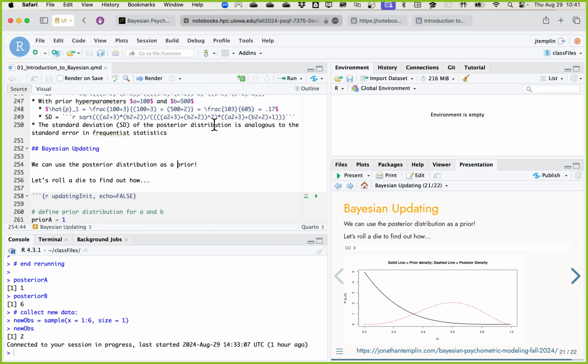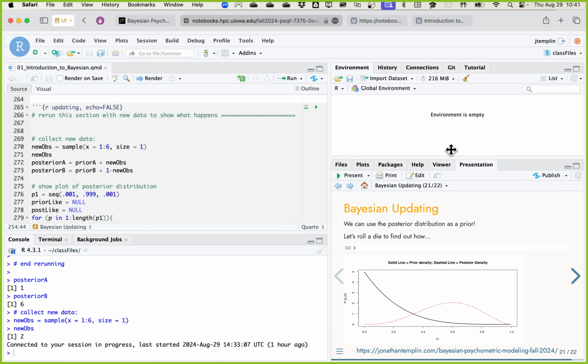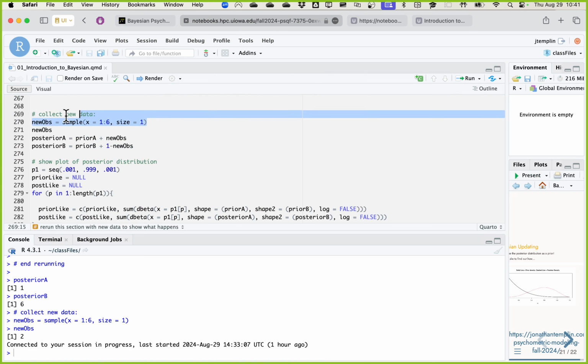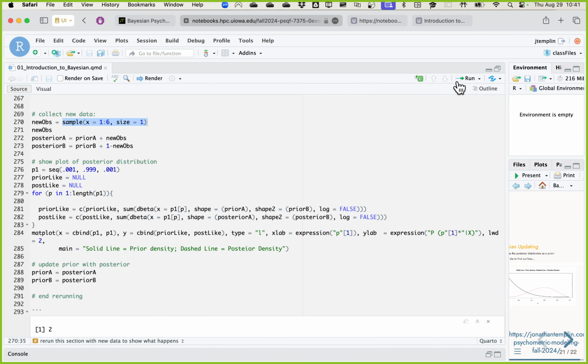So if I go back to my class files here, let's imagine I create a situation where I sample a value of 1 to 6. This sample command will give me a number 1 through 6 at random, where each number is equally likely. So if I run this several times, you will see the number change, 6, 3. If you run that thousands of times, it should be roughly equal frequency.